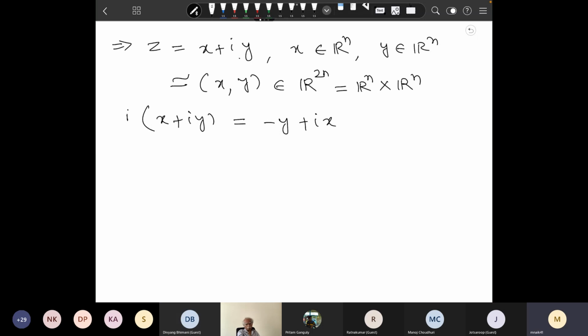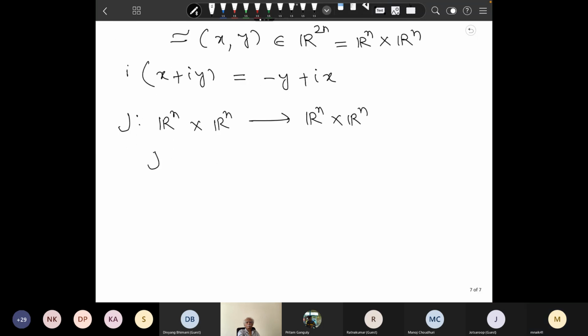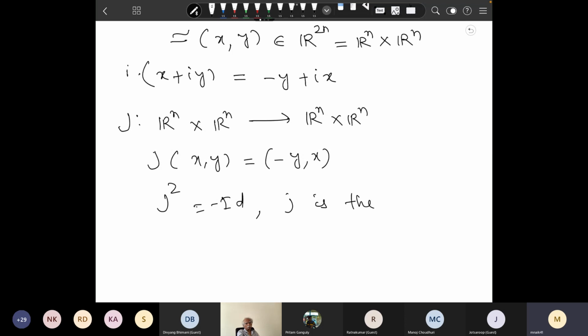With this identification, if you look at this J from R^n cross R^n, you will get that J of (x, y) is equal to (minus y, x). This is our complex structure. Check that. This is trivial. So J squared is equal to minus identity, and this J is the complex structure on R^2n.